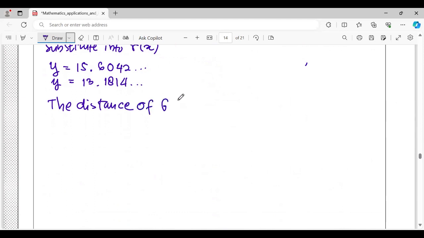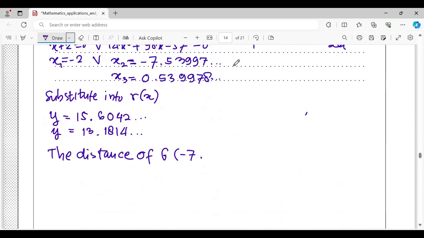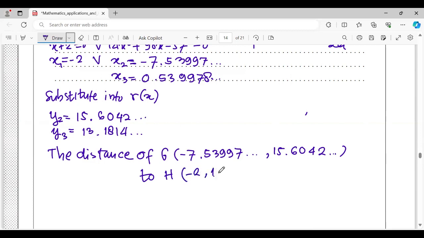G is minus 7.53997 and 15.6042, and H is minus 2 and 16.